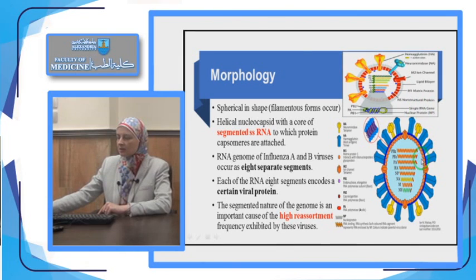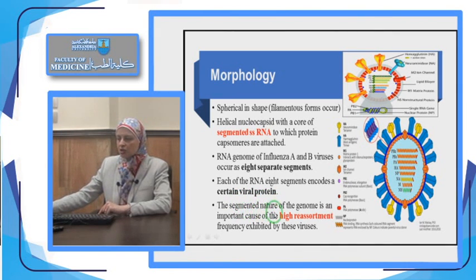And the 7th segment codes for the matrix. The matrix binds the nucleoprotein, the internal structures, the core of the virus, to the envelope of the virus. And lastly, a non-structural protein. So of the 8 segments, each segment codes for a certain viral protein.